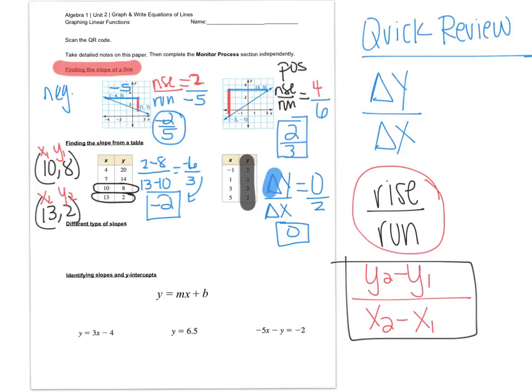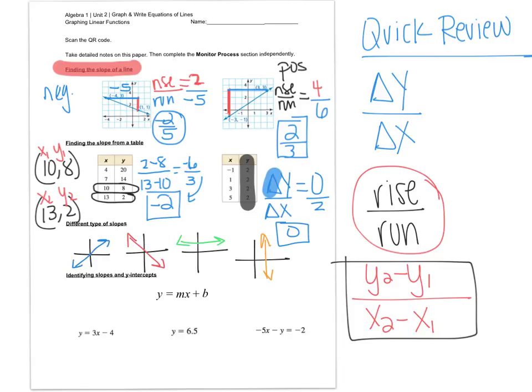All right, let's move into the different types of slope. You can either have a positive slope, which rises from left to right. You can have a negative slope, which is going to fall from left to right. You can also have a slope of 0, which is a straight horizontal line, or you could have an undefined slope, which is going to be a vertical line.